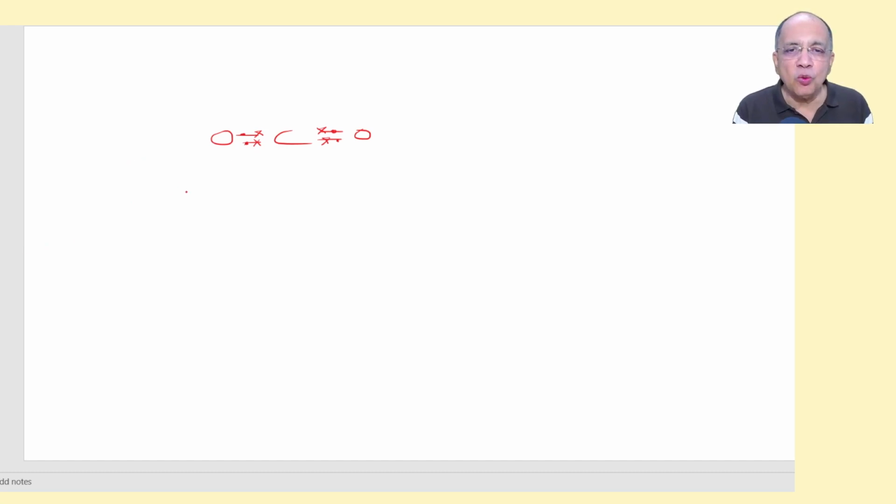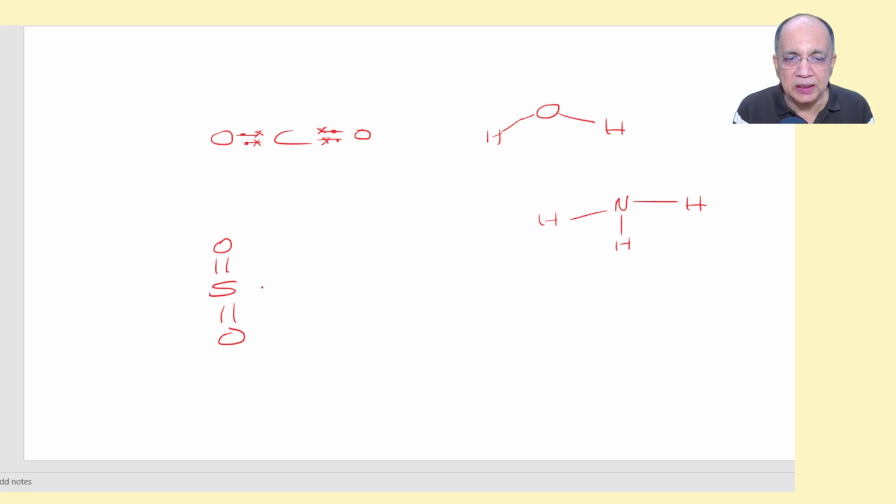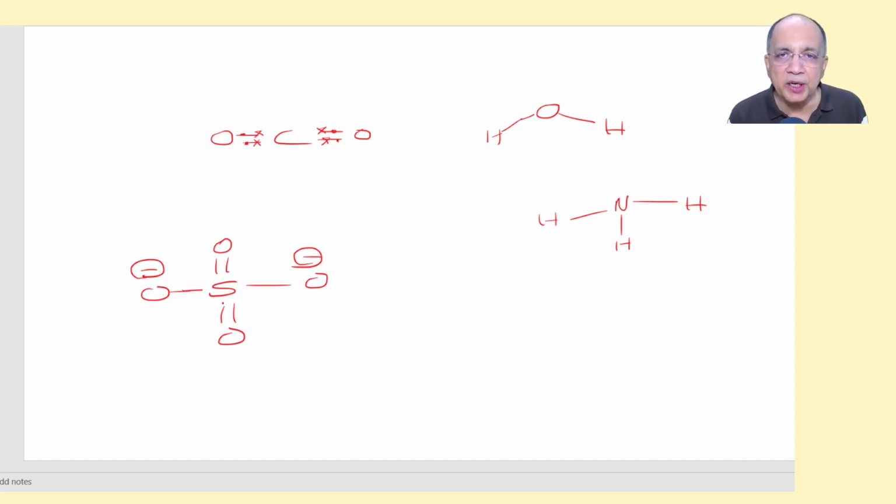So these are covalent bonds. Say, for example, water, covalent bond; ammonia, covalent bond. Let me draw the structure of the sulfate ion. These are all covalent molecules and covalent ions which are bonded by mutual sharing.